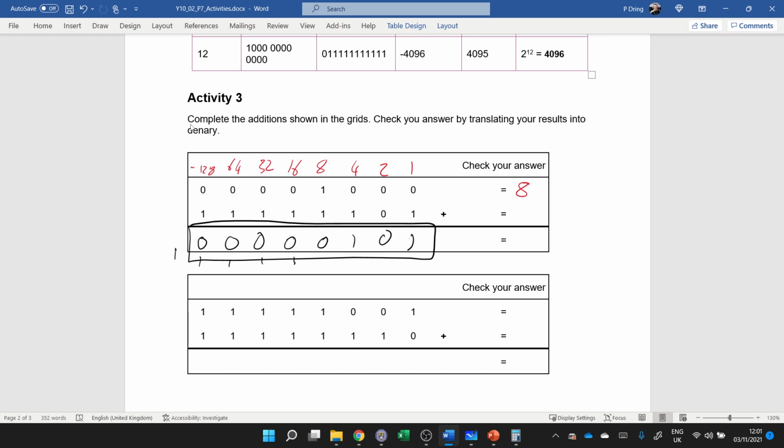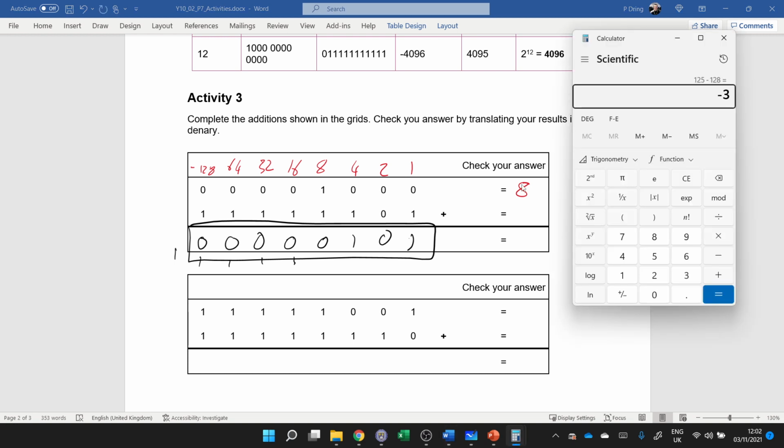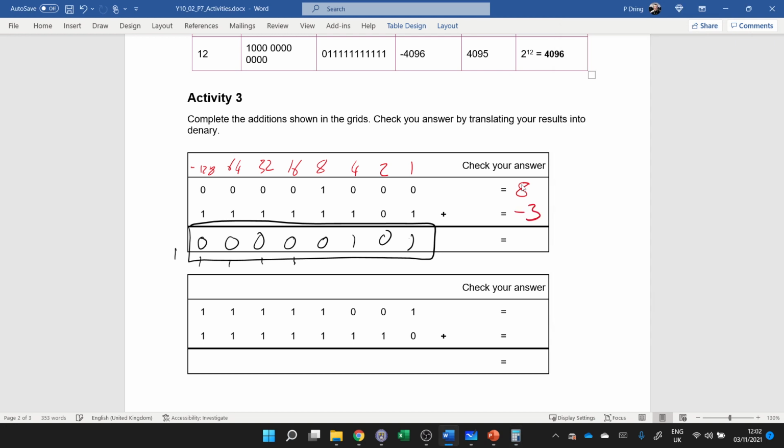So it's going to be a negative number. So we added them all together, we get -3. If you do 8 add -3, well, 8 add -3 is just 8 take away 3, which is 5. So hopefully 4 plus 1 equals 5.